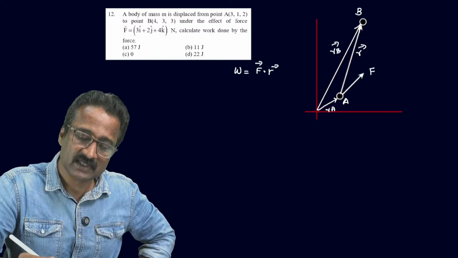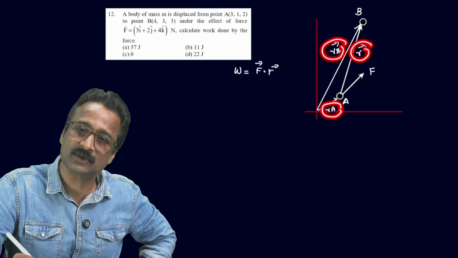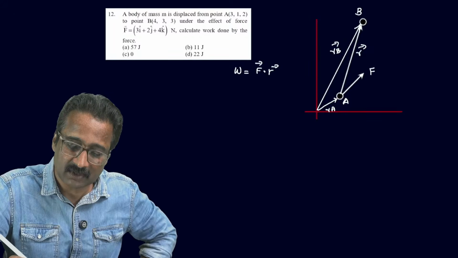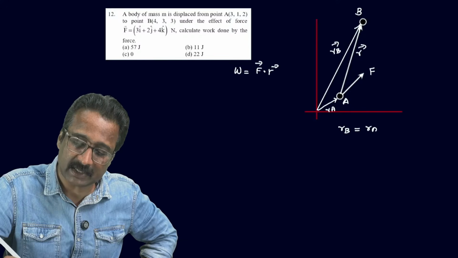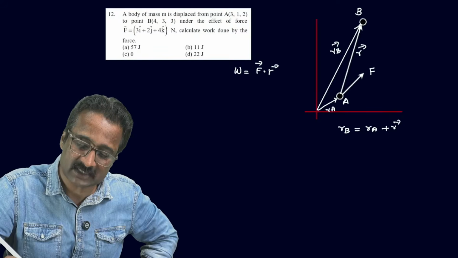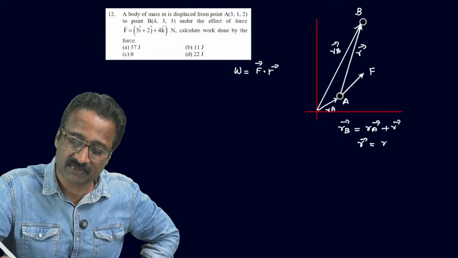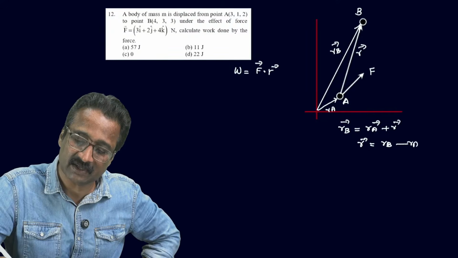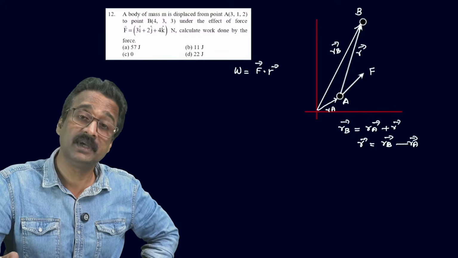RB is equal to RA plus vector R as per the triangular law. So if you want R, it is simply RB minus RA. That's how we find the displacement vector, RB minus RA.